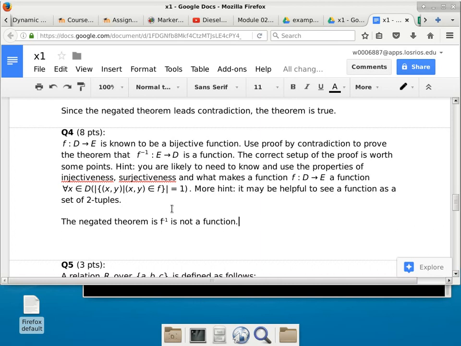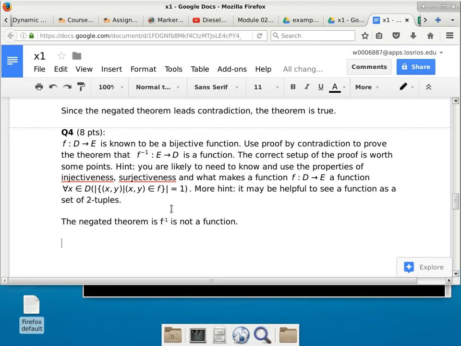Okay, so what is F and what is F inverse? How do we represent a function? Can somebody read more hints? More hint. It's a set of two tuples, right? So that means if F is a set of two tuples, F inverse is also a set of two tuples.